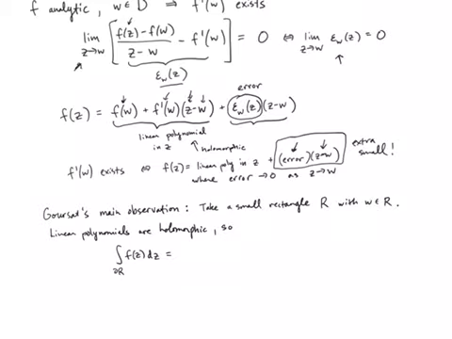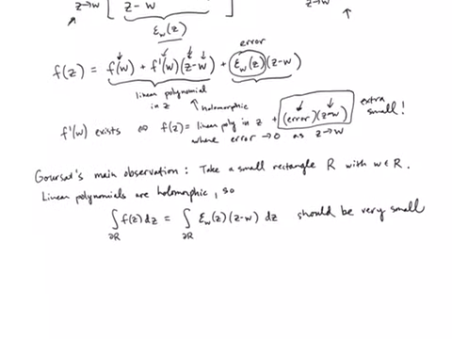It's stronger than analytic. And then we're just going to get the integral around the boundary of the rectangle of this error times linear. And again, this integral should be very small, because the quantity that we're integrating is very small.